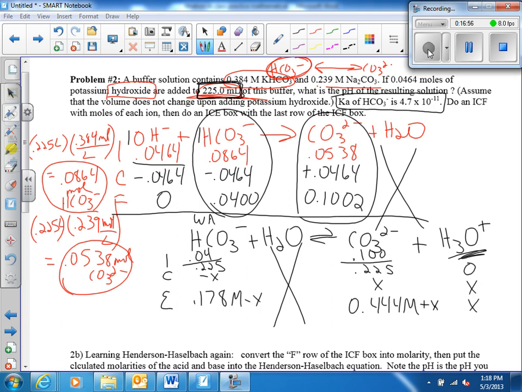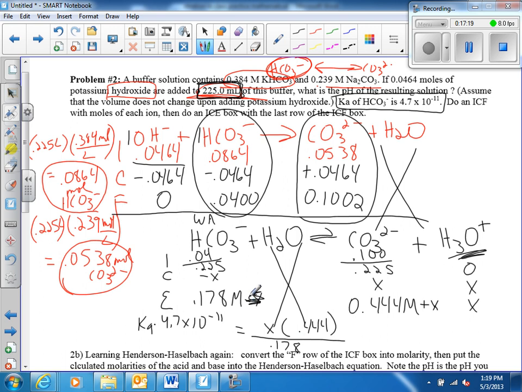Okay, and now I just do my Ka as products over reactants. My Ka is 4.7 times 10 to the minus 11. This is going to be x times 0.444 over 0.178.